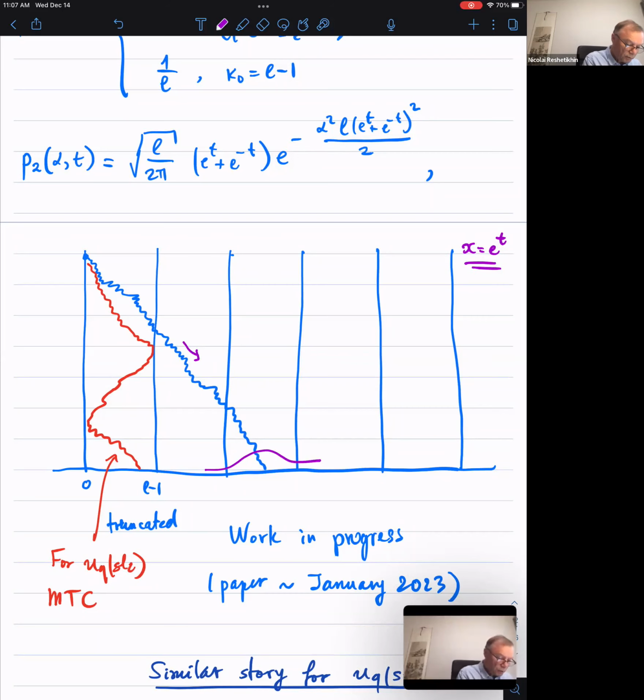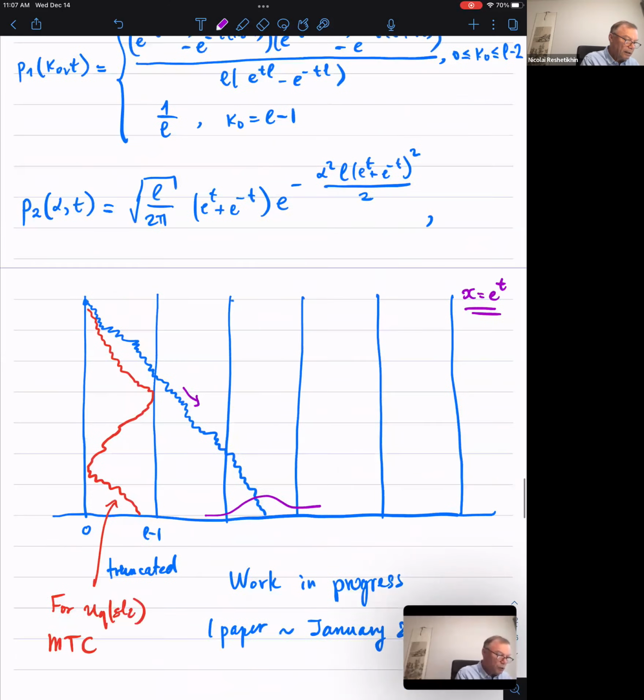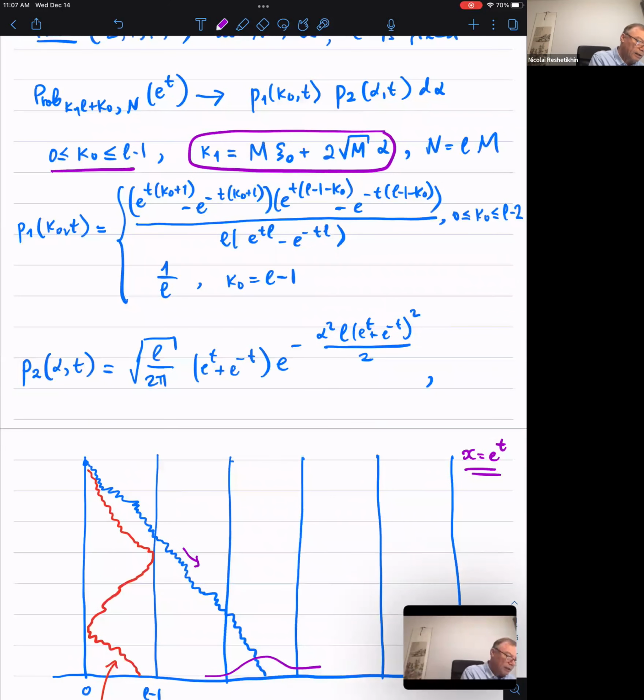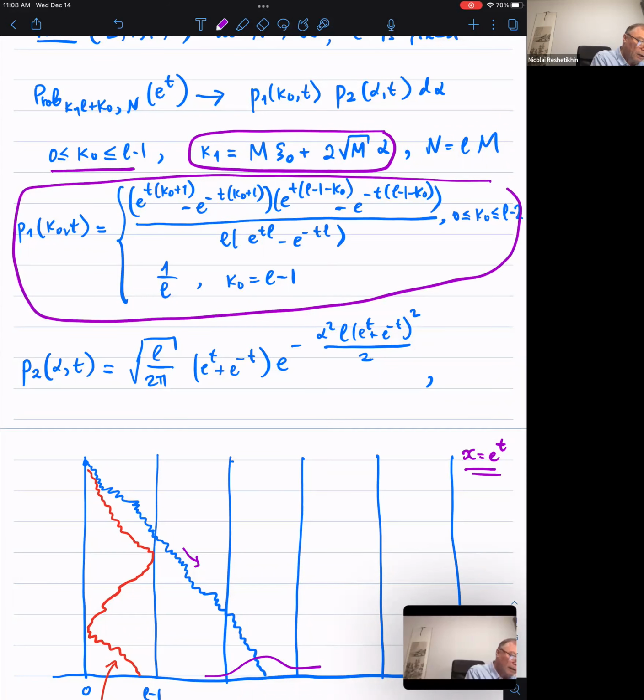So you still have this discrete component, and this discrete distribution is given by this formula. And the Gaussian distribution is the Gaussian distribution.